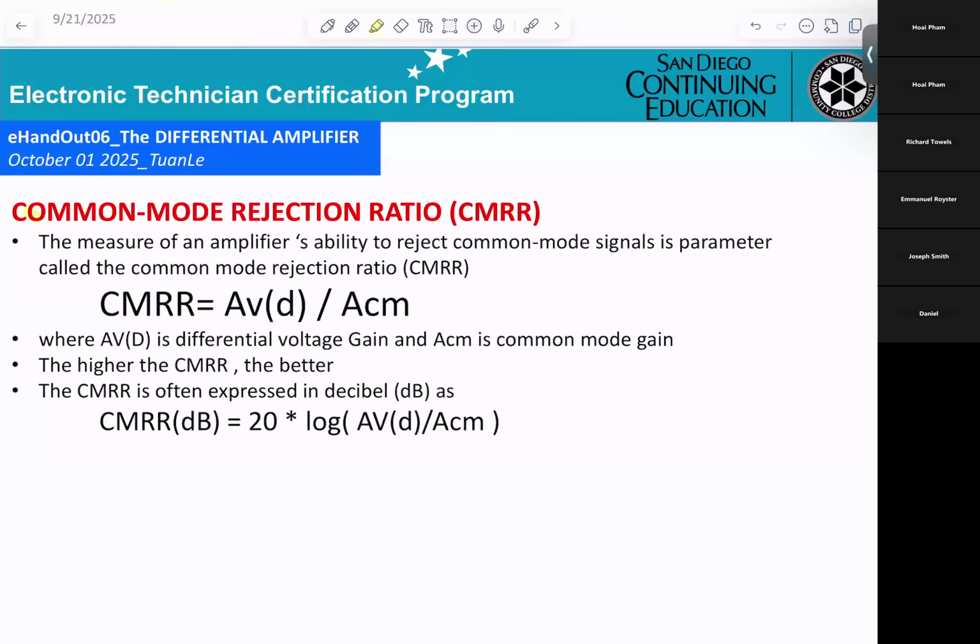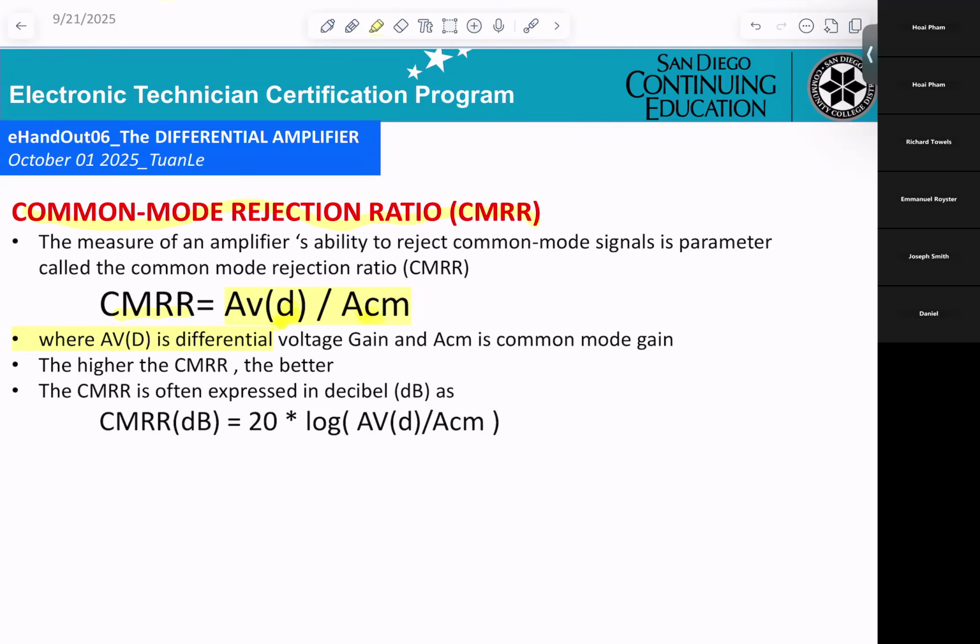Common mode rejection ratio, they call it CMRR. The formula: CMRR equals AVD divided by ACM. AV means the voltage gain, D means differential.